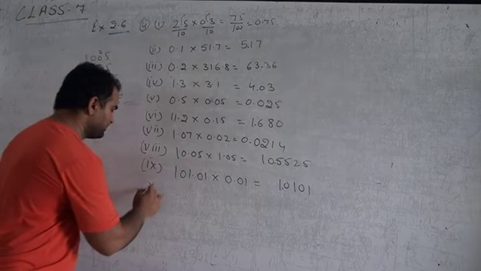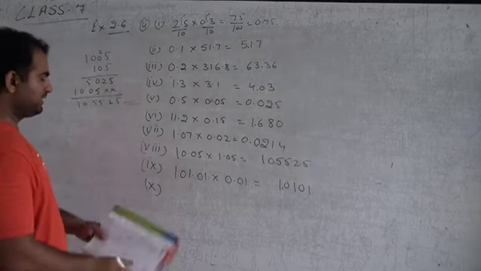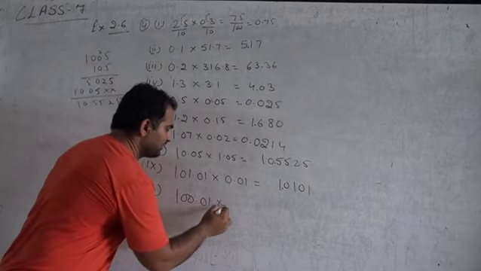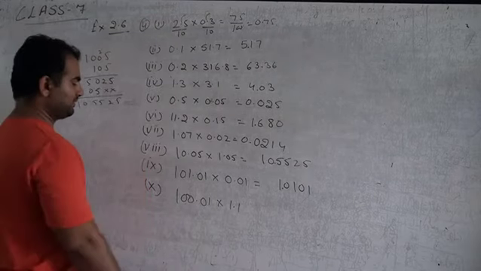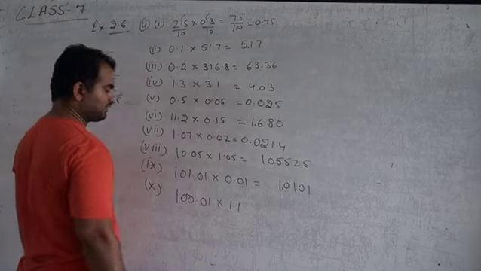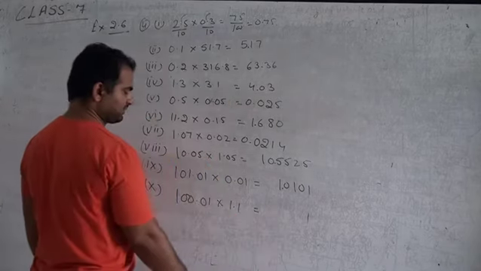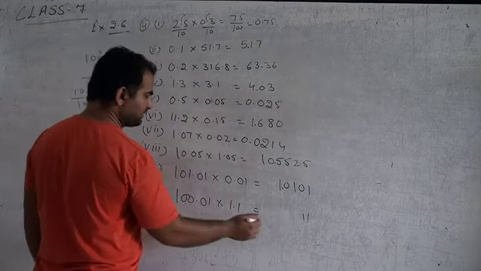And question number 10 is 100.01 into 1.1. 100.01 multiplied by 1.1. Again, what I have to do is multiply this whole number by 11. So 11 ones are 11. 11 zeros are 0.